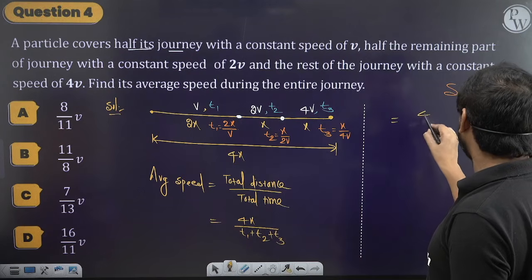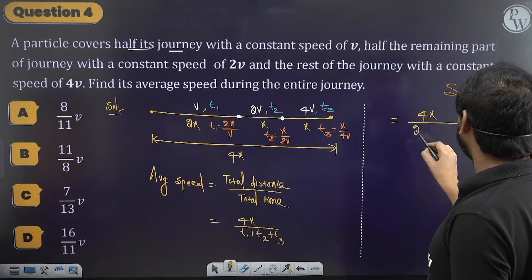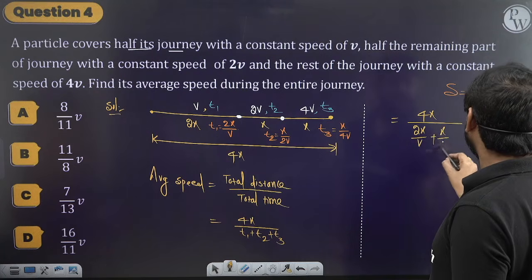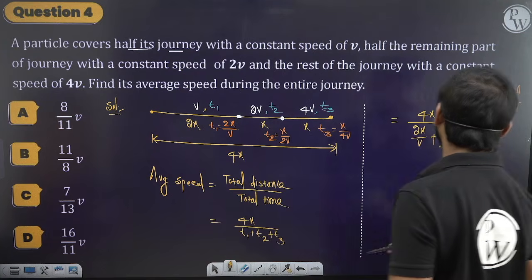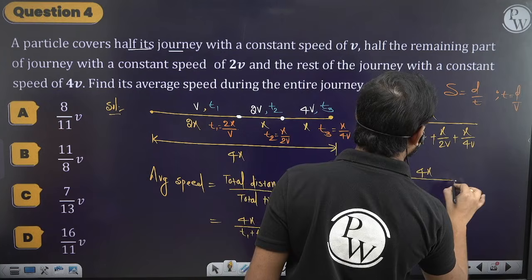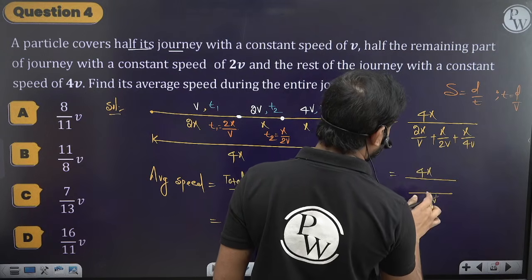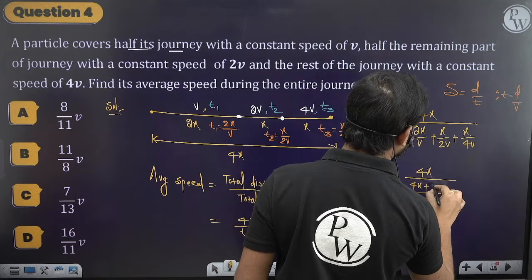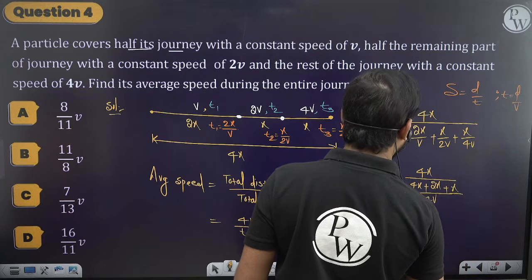So we get the average speed as 4x by, in place of t1, 2x by v, and in place of t2, x by 2v, and in place of t3, x by 4v. Clear? So then we can write 4x by, here 4v is the LCM. So then it comes out to be 2 times, 2 into 2, 4x, plus 2 times x, 2x, and 1 time x.